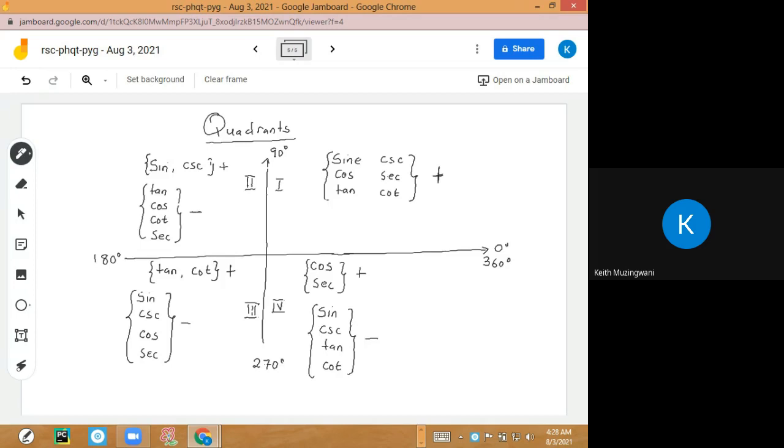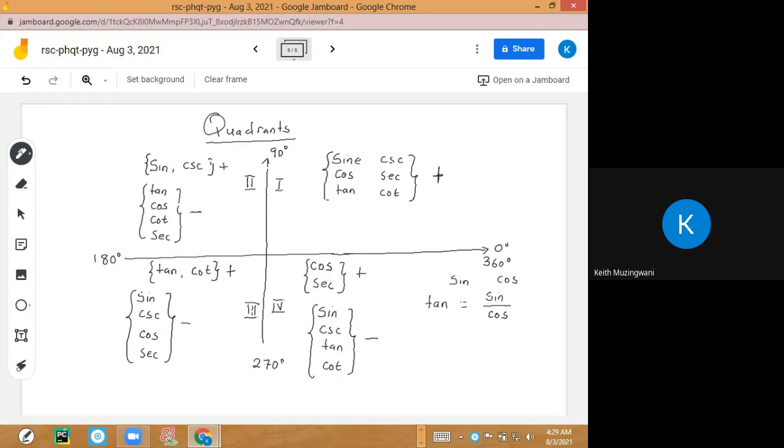Now, sine and cosec are related. Sec and cos are related. So we are saying only the sine and cos, these two guys are not directly related. But they give you tan if you take sine up and divide it by cos.